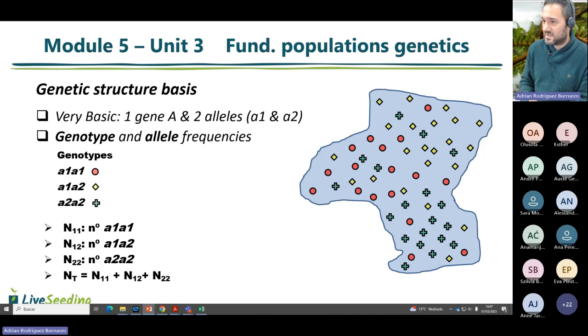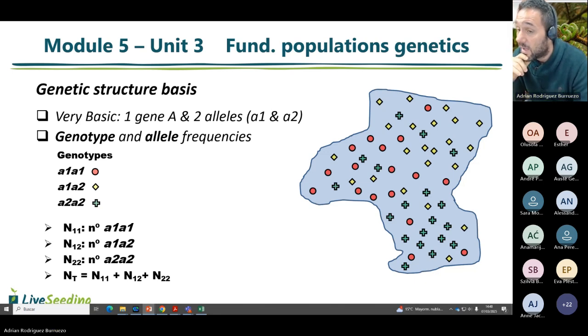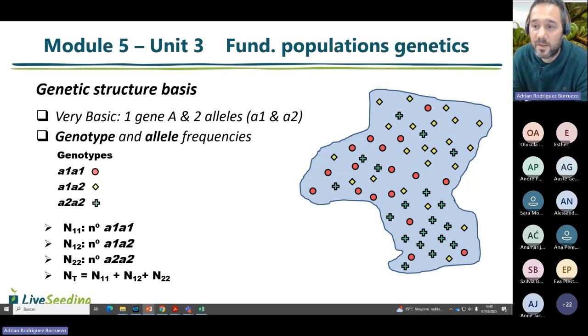Well, basics of the genetic structure of a population. We are going to be very basic. Again, we are going to work with just one gene, let's call it gene A, and two alleles, like the samples of mathematical problems with Mendel, okay, Mendelian problems.